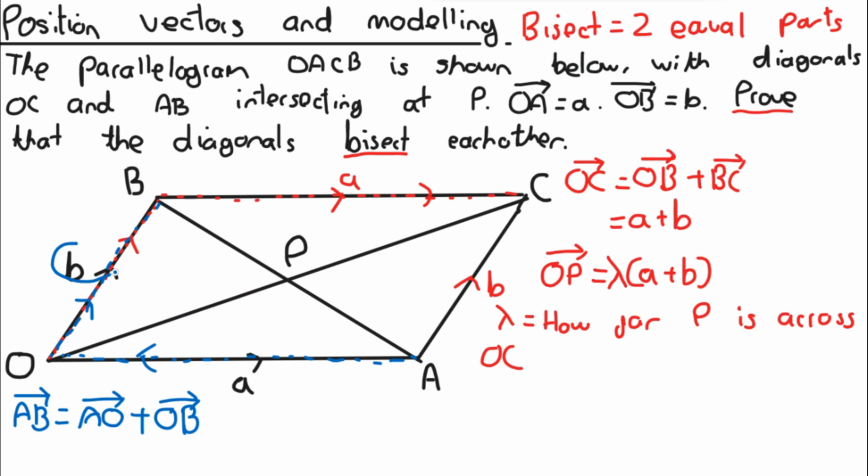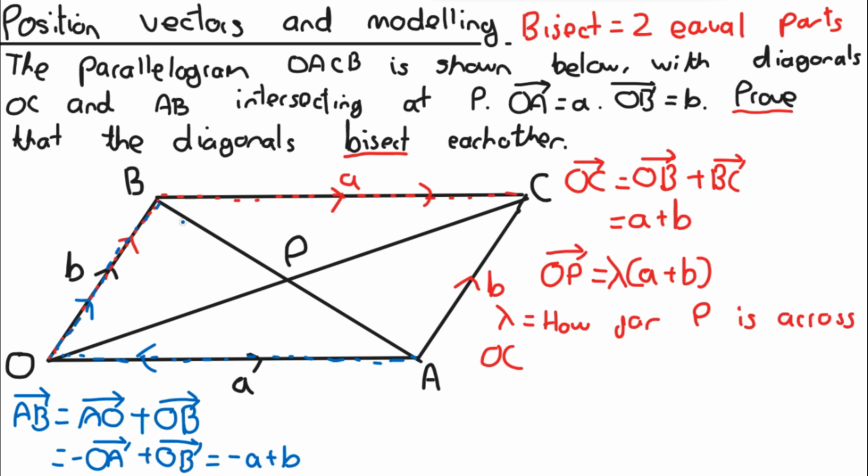We know OB, this is just B, we're going in the same direction, but this time we're going in the opposite direction to this vector, so it's going to be minus OA plus OB. So this is going to be equal to minus A, and then it's just going to be plus B.